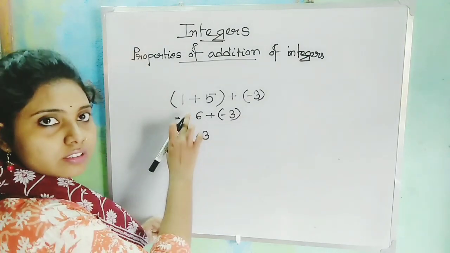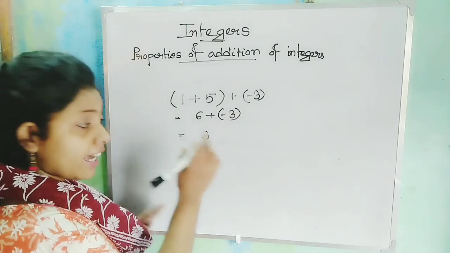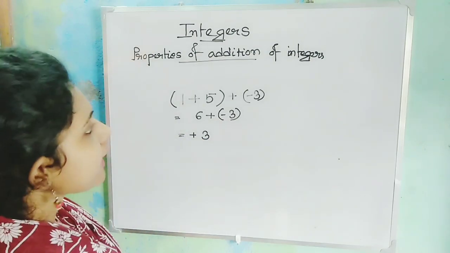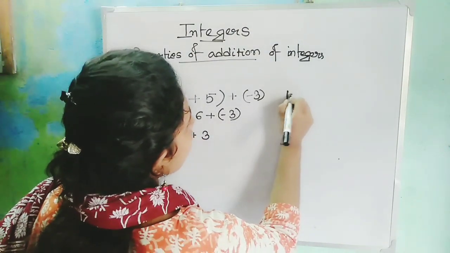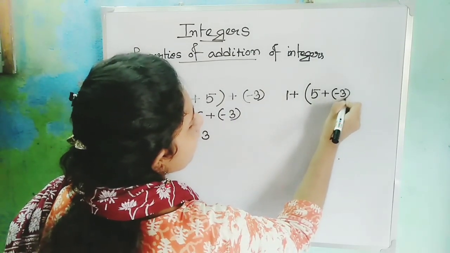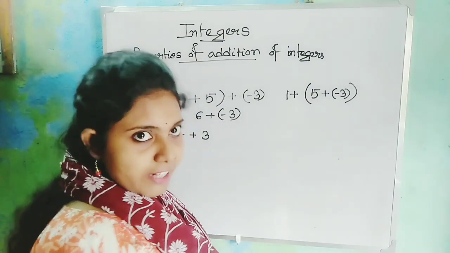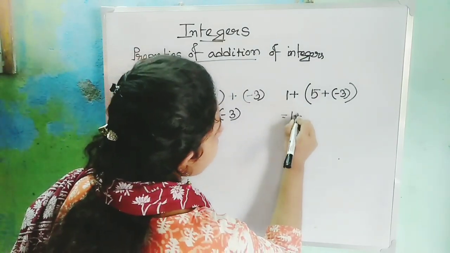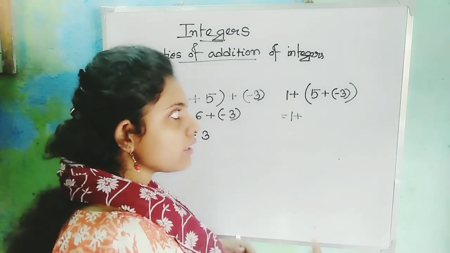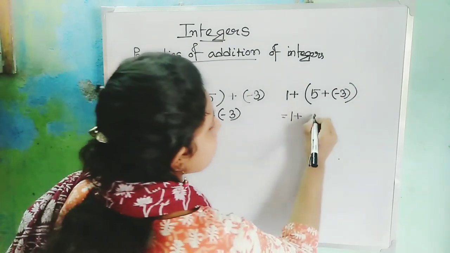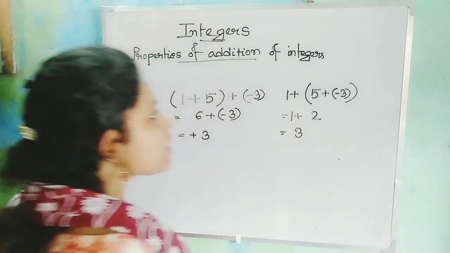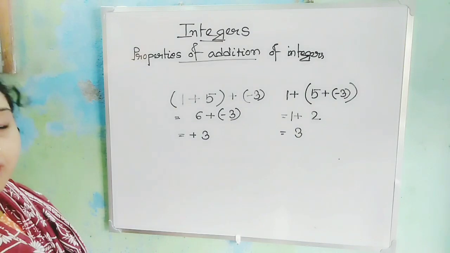The sign will be 6's sign, that is positive. That is only 3. Again, if we write 1 plus 5 plus minus 3, let's do it. 5 plus minus 3 means 5 minus 3, 2, and the sign will be positive, that is 2. So 1 plus 2 means 3. See, these two values are the same.